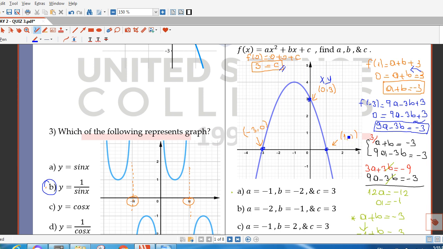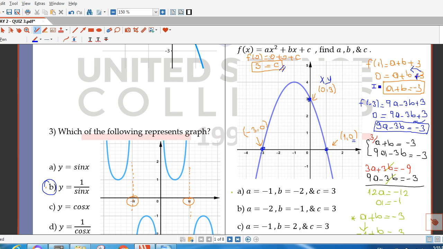Writing 1 is going to give us 0. If I take the function itself, if I write 1, a plus b plus the value of c, which is 3, is equal to 0. So a plus b plus 3 is equal to 0, which means a plus b is equal to negative 3.